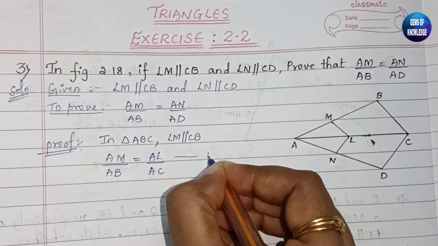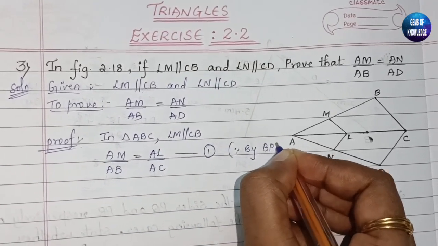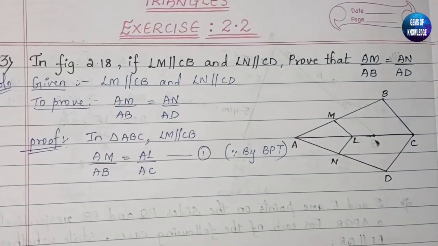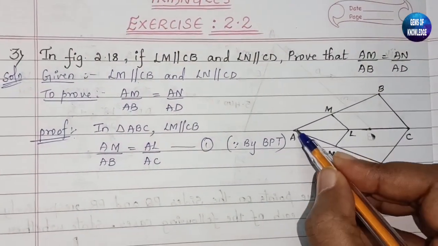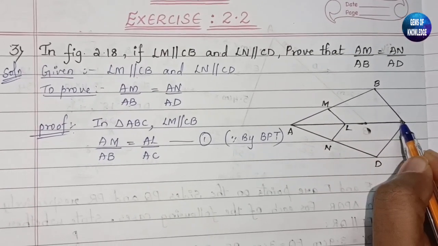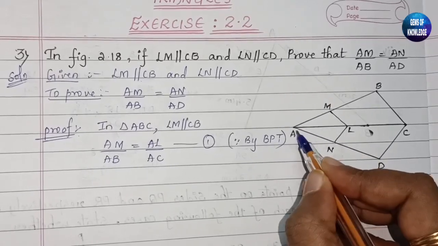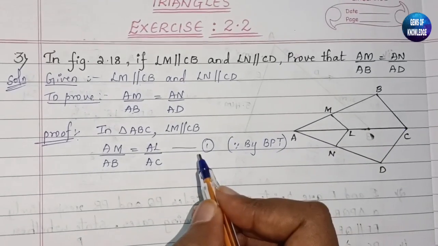We will take this as equation 1, by the basic proportionality theorem. If these two lines are parallel to each other, then AM is divided by AB and AL is divided by AC. This is equation 1.